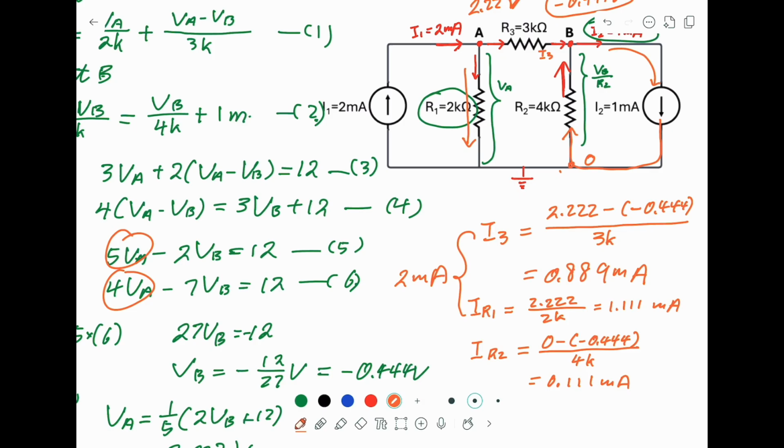So this is correct. And also when we add I3 and I passing through R2, you also get 1 mA. So when you add this together, you will get this one 1 milliamp. So they're all consistent.